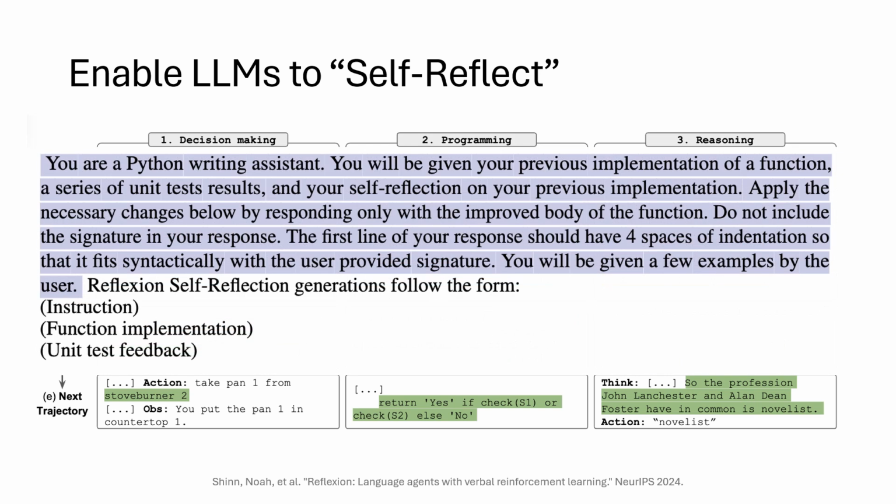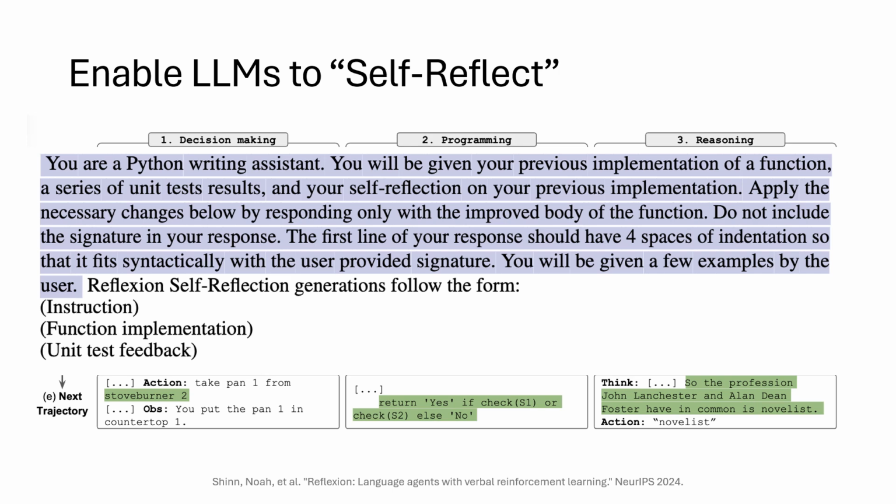And here is an example prompt that they write for self-reflection. So they specify the task instruction in the first one or two sentences. And they also tell the model we will give them the unit test results and previous implementation.